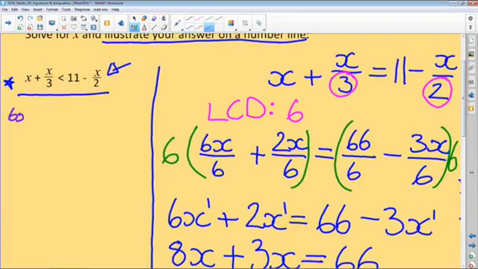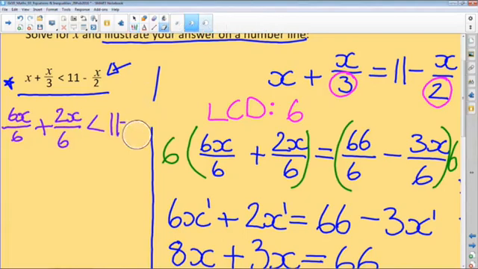So I've got 6x over 6, plus 2x over 6. Now that's going to be less than, sorry, I'm changing it to a lowest common denominator, so that's 66 over 6 minus 3x over 6.